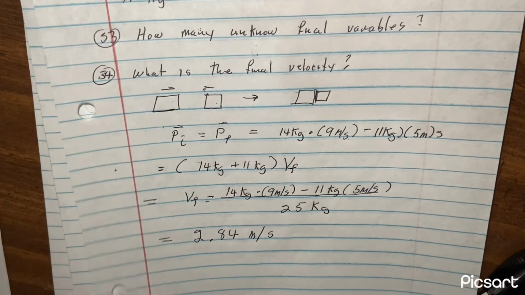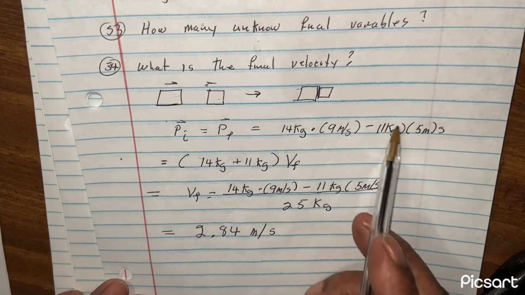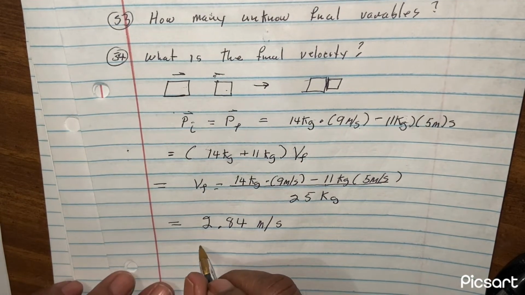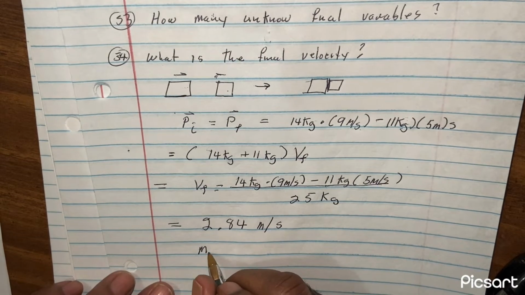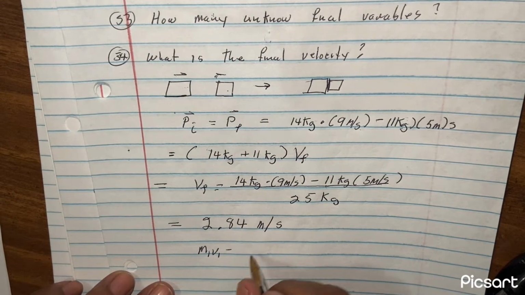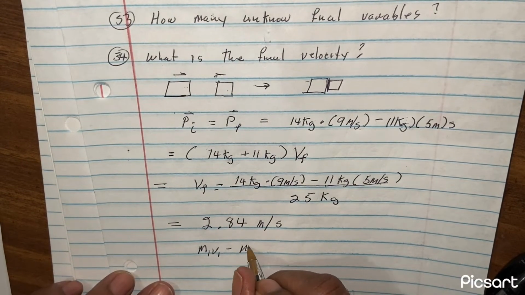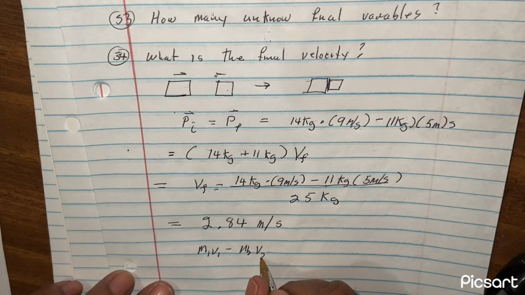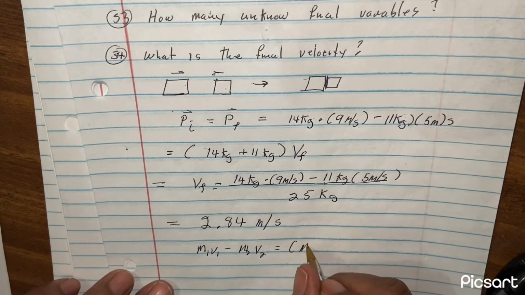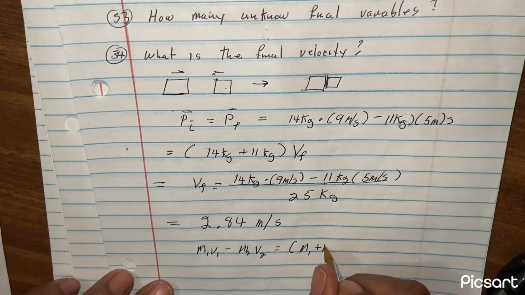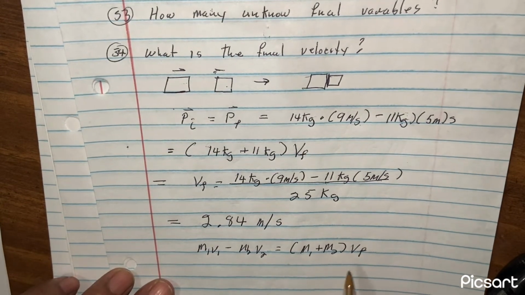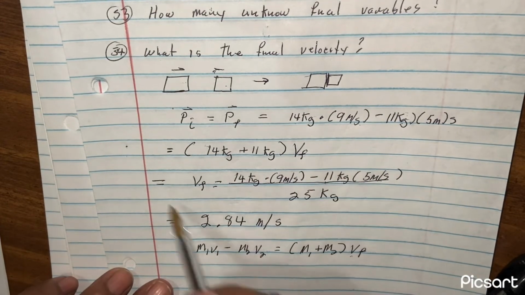All you have to do is solve M1V1, in this case minus M2V2, is going to equal, since they're joined together, M1 plus M2 times V final. And we solve for V final. That's what this was about.